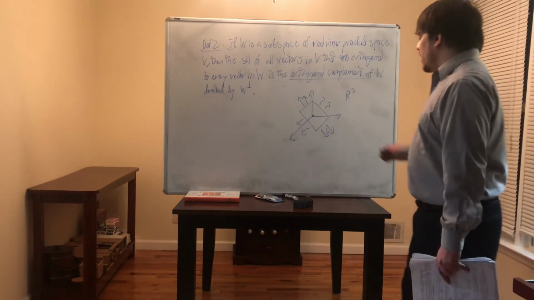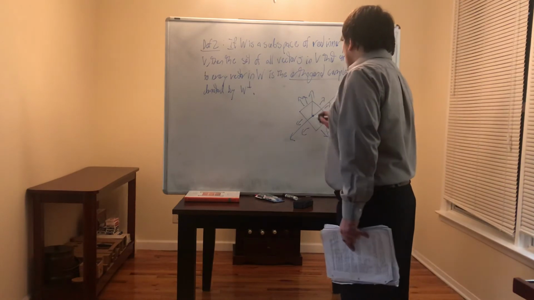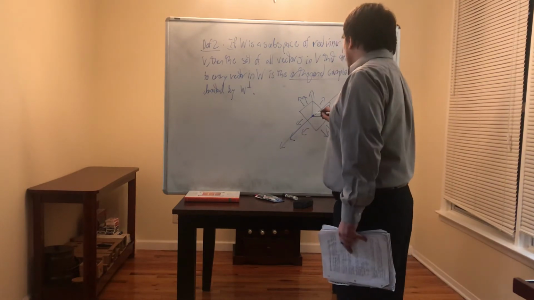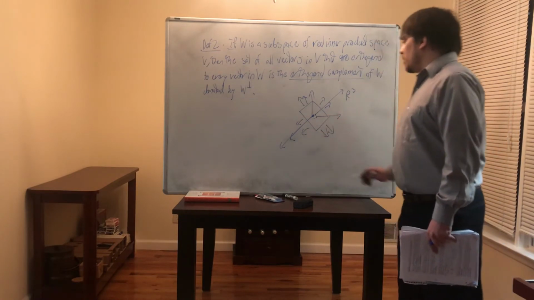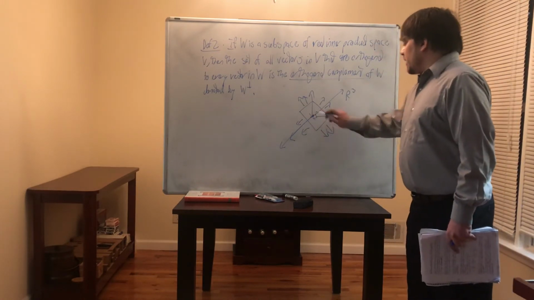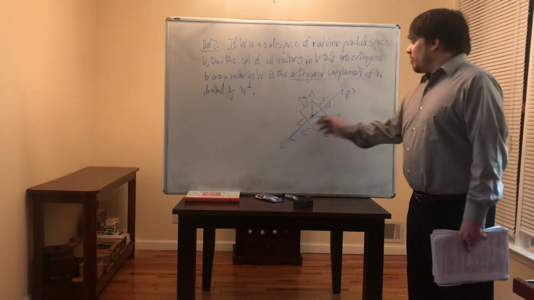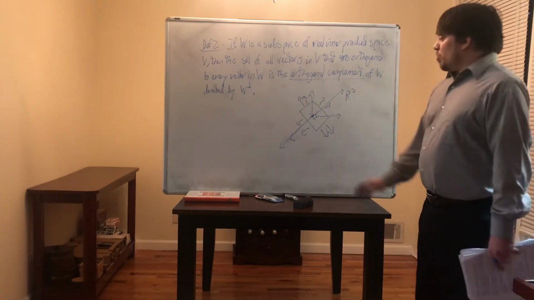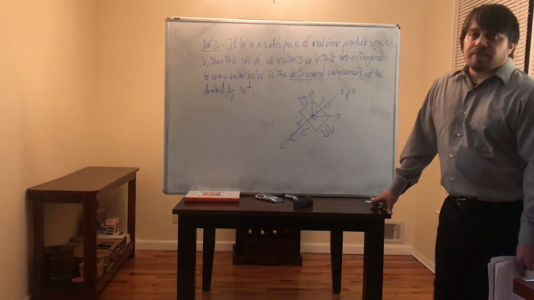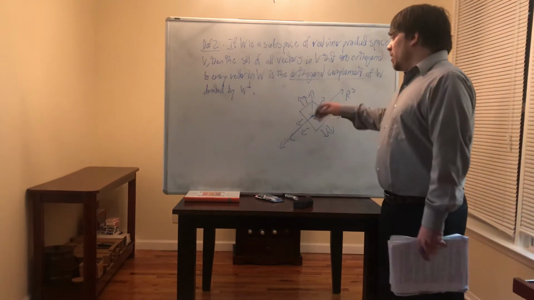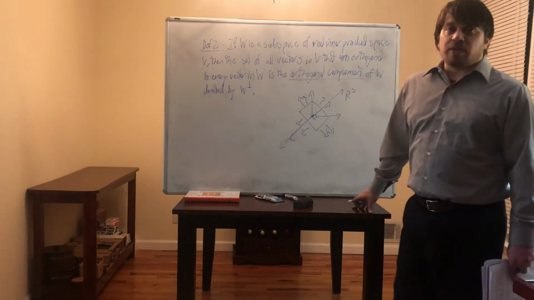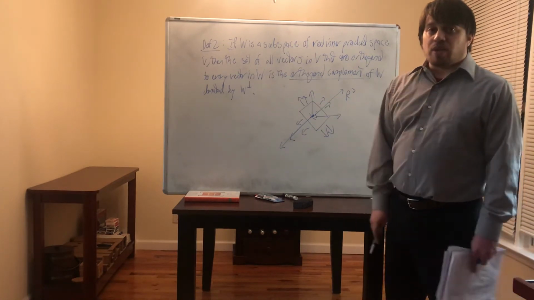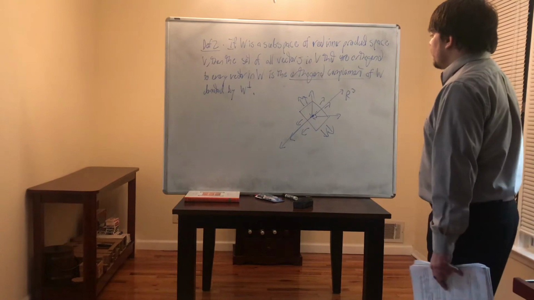And then if you get a line here that's perpendicular to the plane, then all vectors on that line are orthogonal to every vector in the plane, because the inner product of any vector on this line with any vector in the plane would be 0, using the standard inner product on vectors, okay?